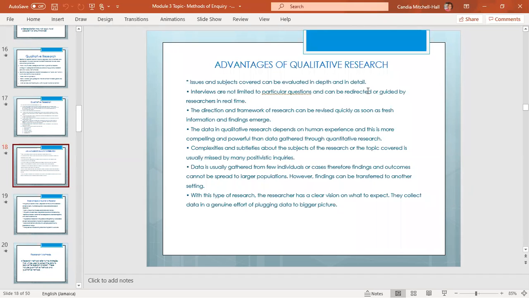You could ask, did the tropical storm impact you in a negative or positive way? Say for instance, 90% of the persons you interview say it impacted them in a negative way. Another question you could ask is, did you suffer any damage to your house? Yes. 80% said they suffered some form of damage.